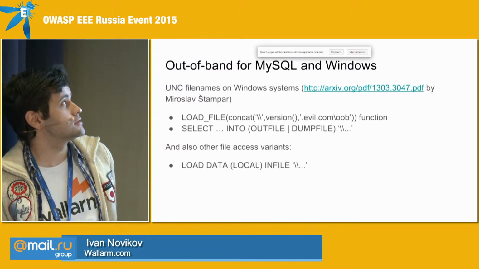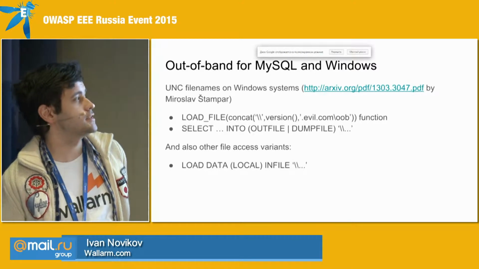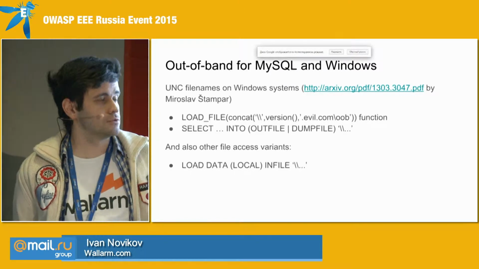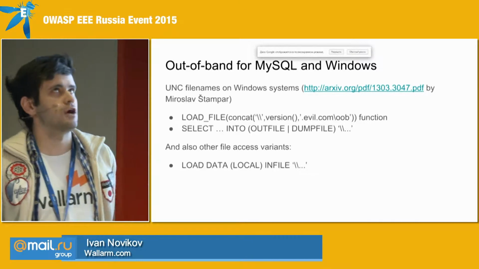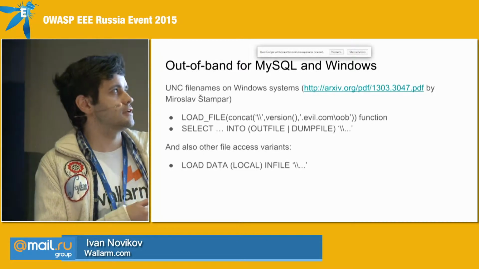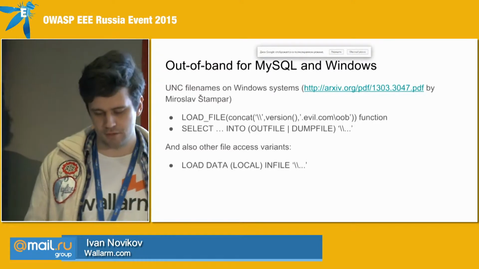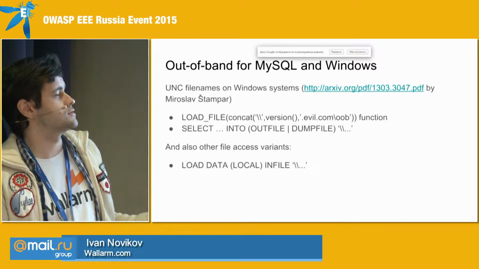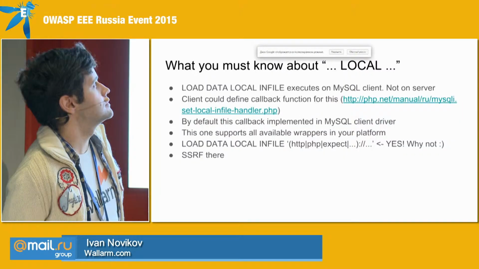And he described that file functions such as load file and also load data files can use UNC schemes to make DNS first and SMB second queries outside to the internet, and you can concatenate some interesting data such as the version function output to a DNS name and read it at your DNS server. It's really nice, but there is only one bad thing. It works only for Windows systems. It's really bad. So it's time to read the documentation and find something else.